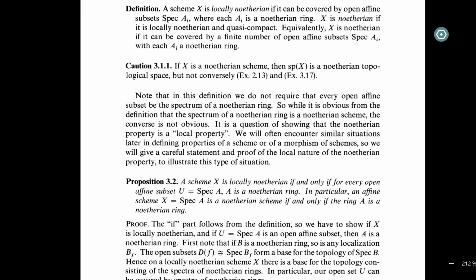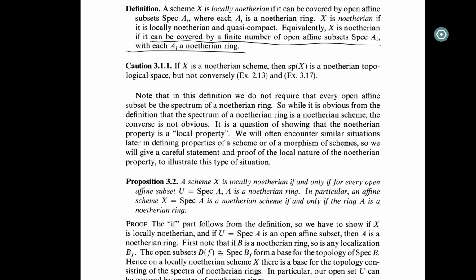For example, when we say a scheme is Noetherian, what do you think the definition should be? Think about it. Maybe there should be an open cover by Spec A, where A is Noetherian.